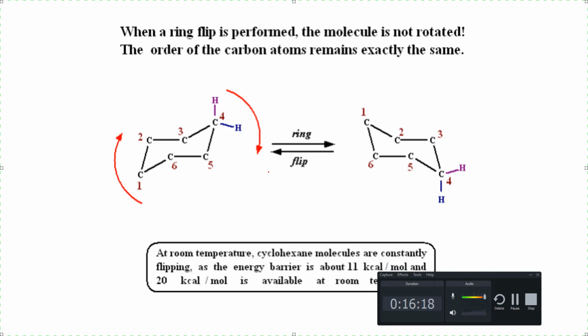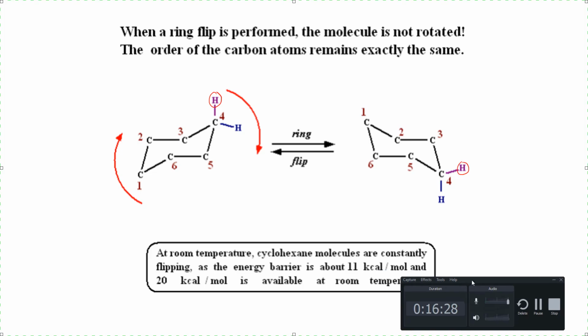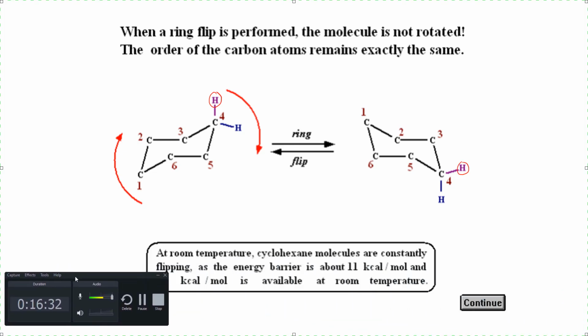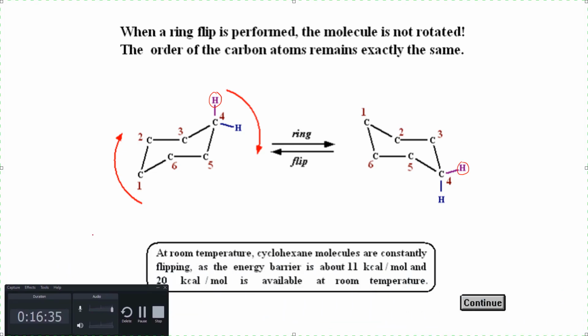So again, this shows you the carbons, and it shows you the interchange of the axial above to now being above but equatorial. Now the energy barrier for this, and when I wrote these slides, and these slides are 20-some years old actually, but they do their job, everything was done in kilocalories per mole. So basically what you have is, to do a ring flip, it takes about 11 kilocalories per mole.